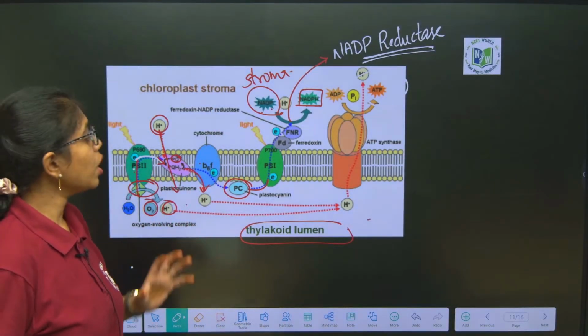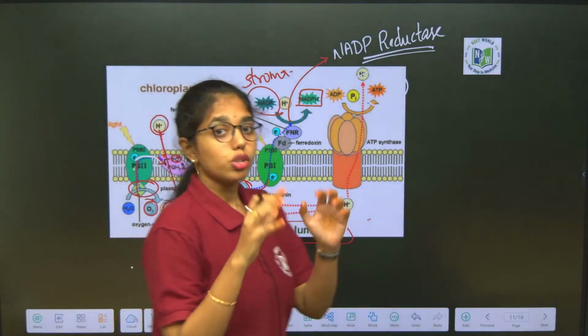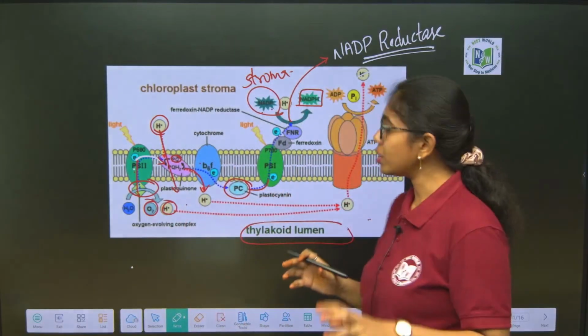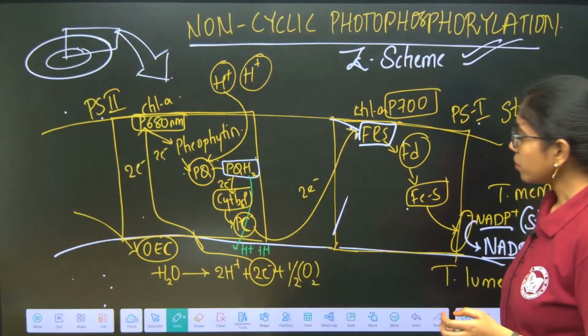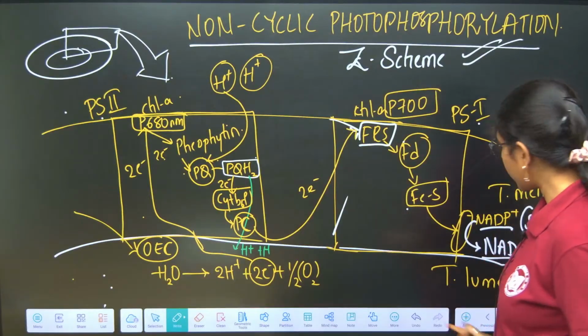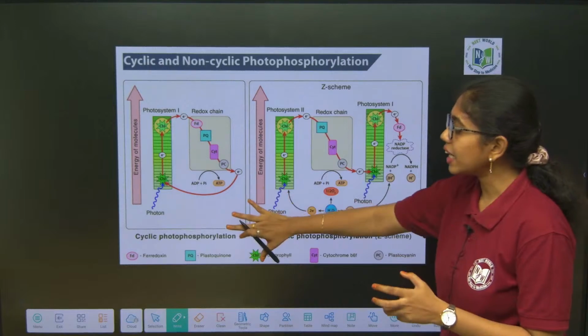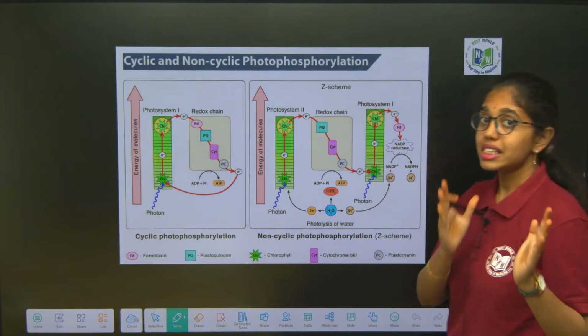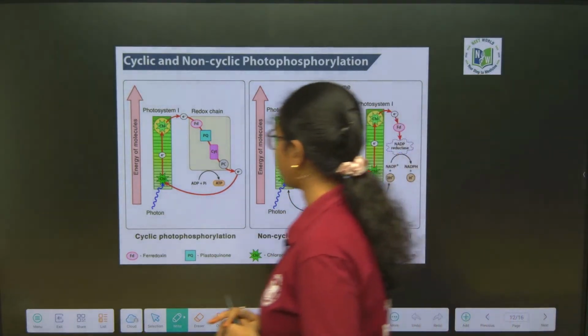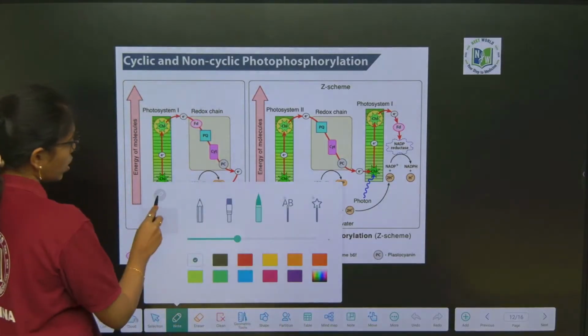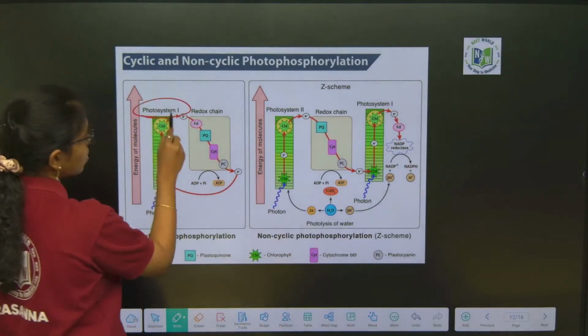Till here it is clear, and how ATP is formed we are going to look at under the chemiosmotic hypothesis. So whatever we have discussed today regarding cyclic and non-cyclic photophosphorylation is clear to you. Here you can clearly distinguish between them: in cyclic photophosphorylation only photosystem 1 is involved.